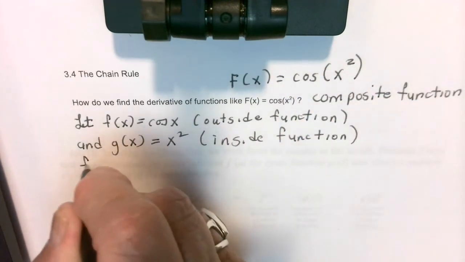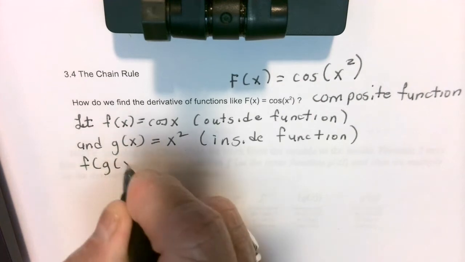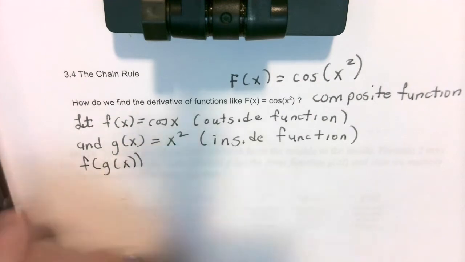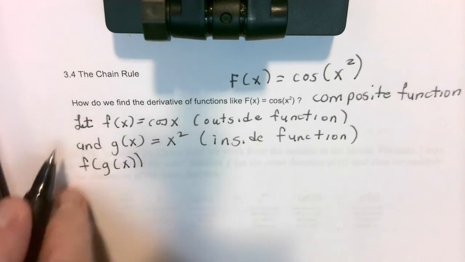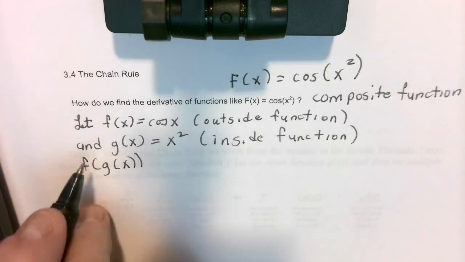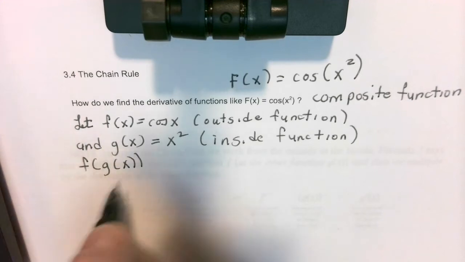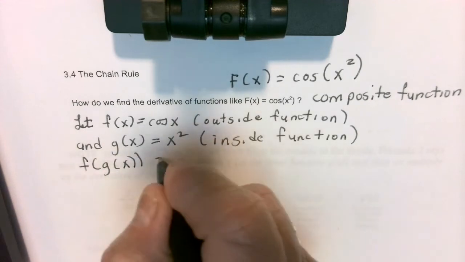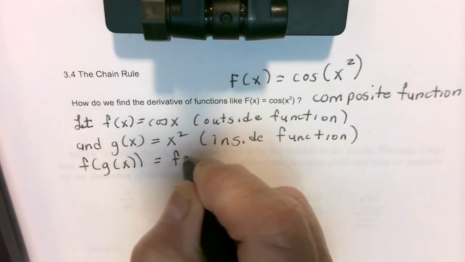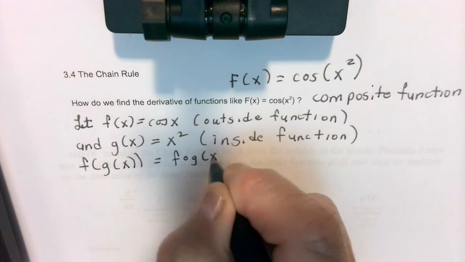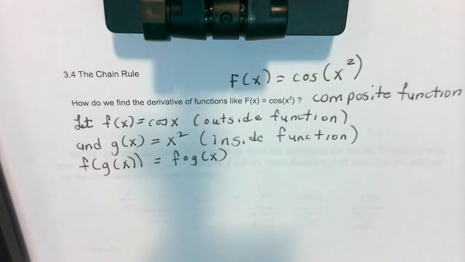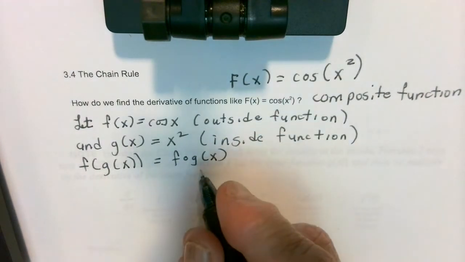Now, if you remember from college algebra, you can write a composite function with that notation, which I like because it shows the inside and the outside. There's another notation, you might remember the f circle g, and that is not multiplication. That means it's a composite.